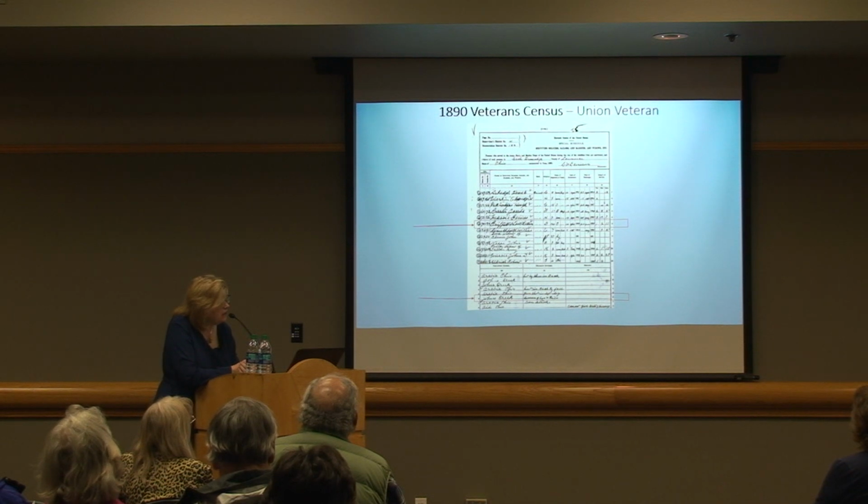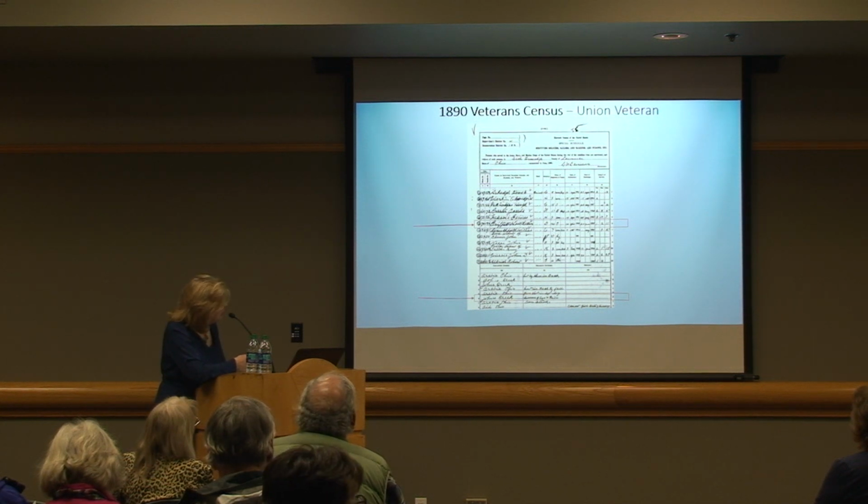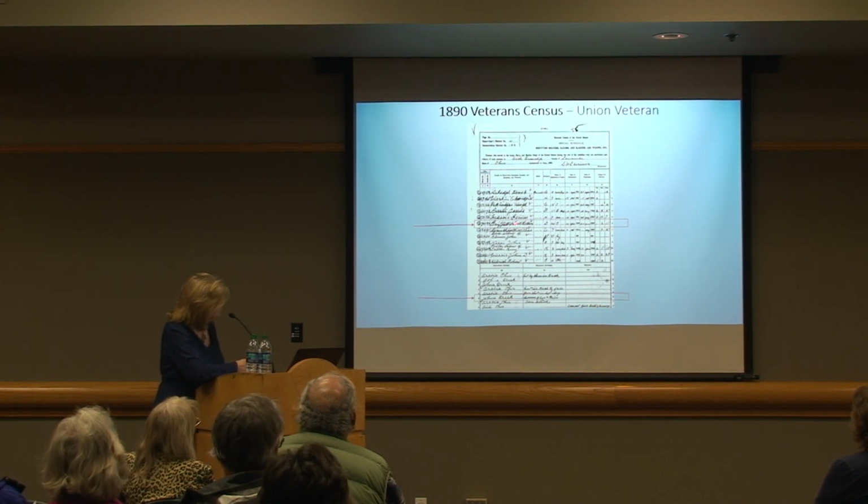As I said, the regular census had asked about military service, and the purpose was to find all the Union veterans. Here we have the veteran census for Henderson Griffith. It gives his information, he was a private.